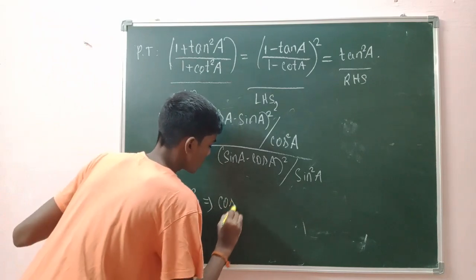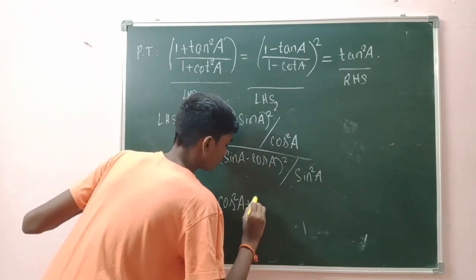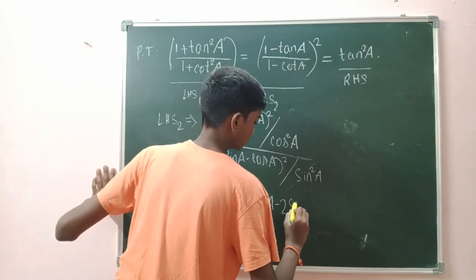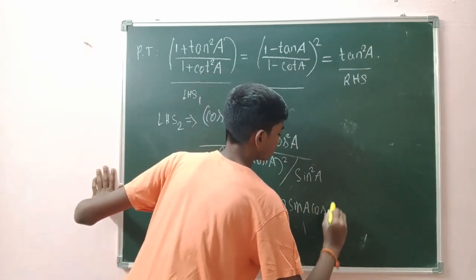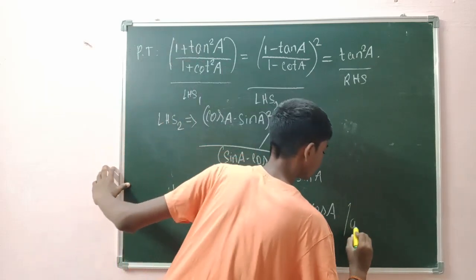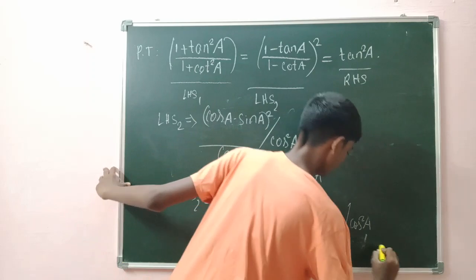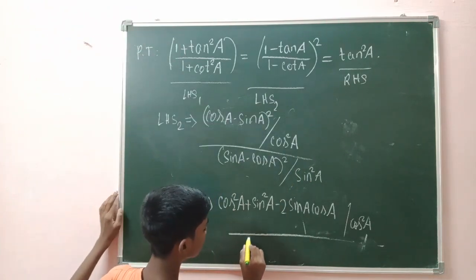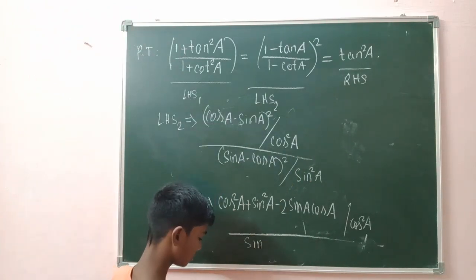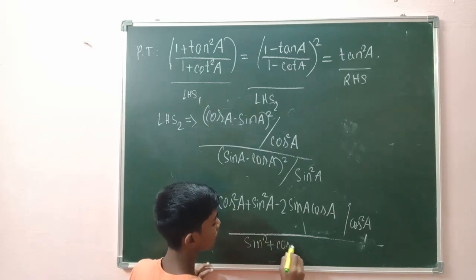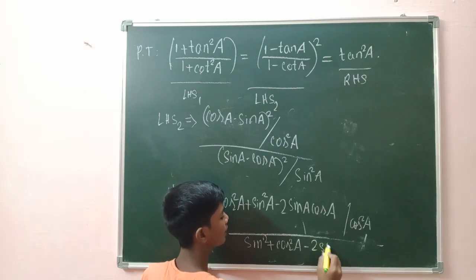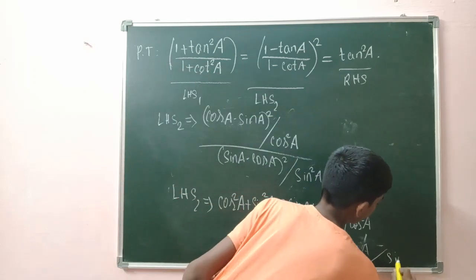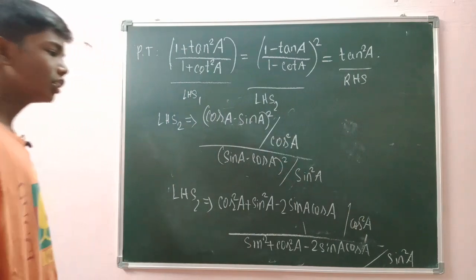That is the A minus B whole square identity: cos square A plus sin square A minus 2 sin A cos A, divided by cos square A. And divided by sin A minus cos A whole square, which will be sin square A, that is A square, plus cos square A, that is B square, minus 2AB, that is minus 2 sin A cos A, correct or not, divided by your sin square A. This is what I am having. Okay, I just solved your square using the basic identity.